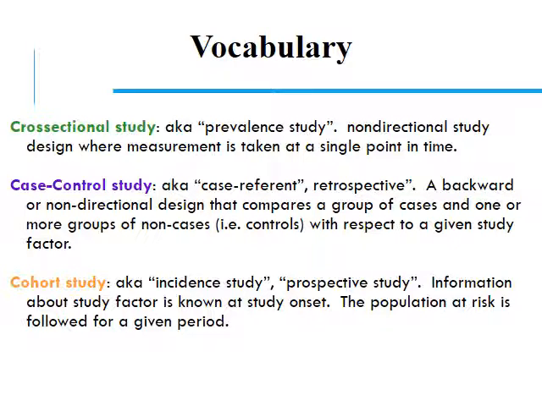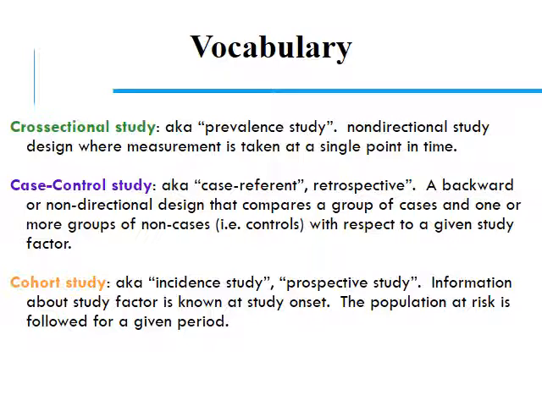Other terms relate to design issues. When we read articles, we're going to learn about cross-sectional studies, which is also known as your prevalence study. It's a non-directional study or a picture, a single point in time, and that does not tell us anything about temporality or causality, so it is a very weak design.